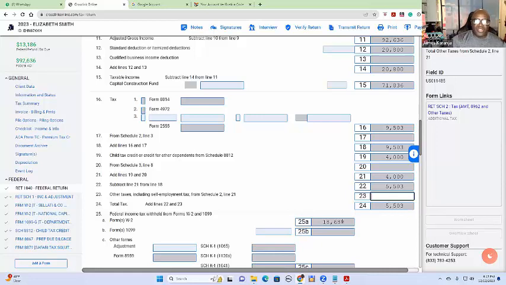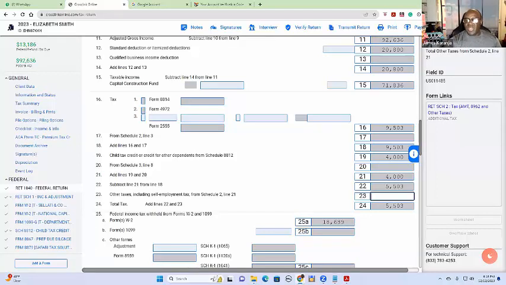So are they going to pay the government or are they going to receive a refund? The tax is 5,503, but throughout the year the government has been holding 18,689 for them.